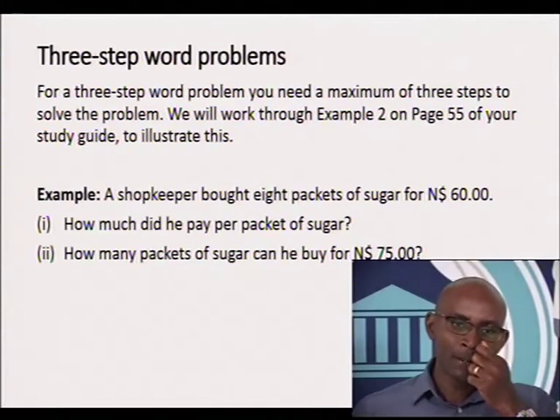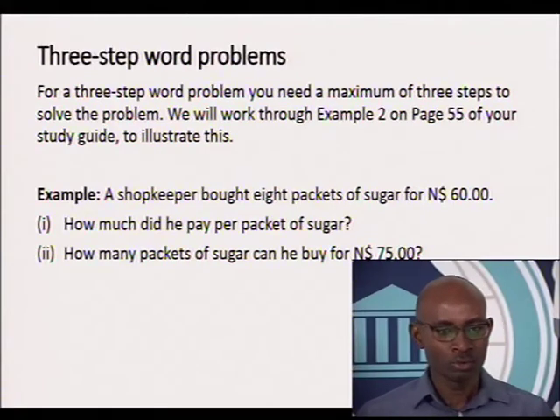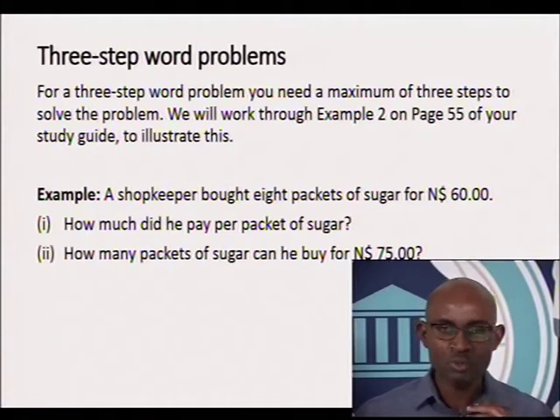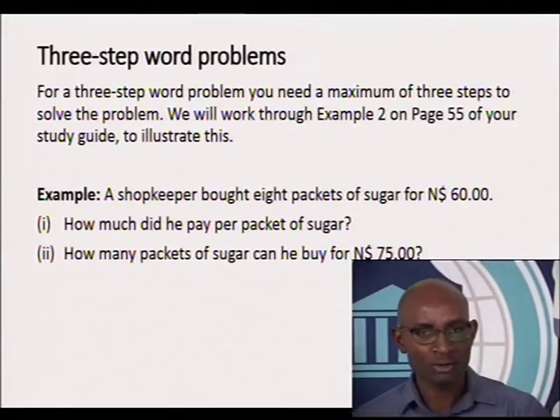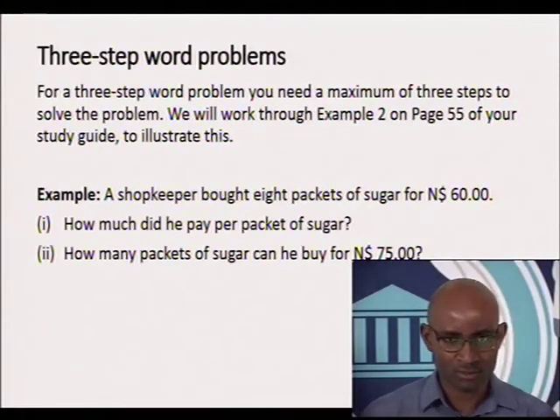A shopkeeper bought 8 packets of sugar for 60 Namibian dollars. Now, you have 2 questions that you need to answer. The first one is, how much did he pay per packet of sugar? Okay, remember, he paid 60 Namibian dollars for 8 packets.